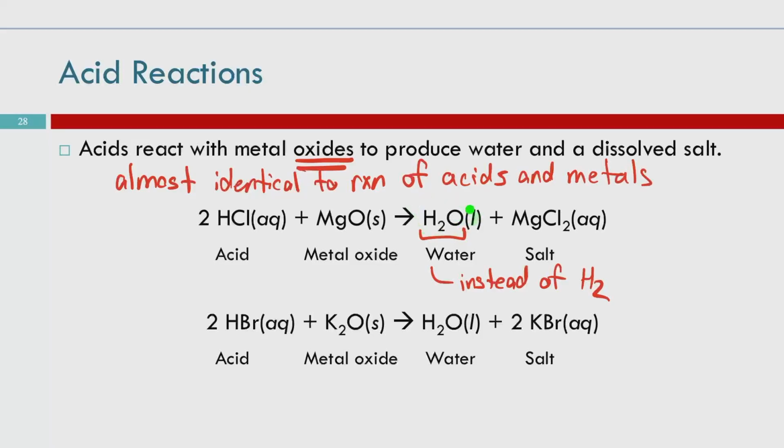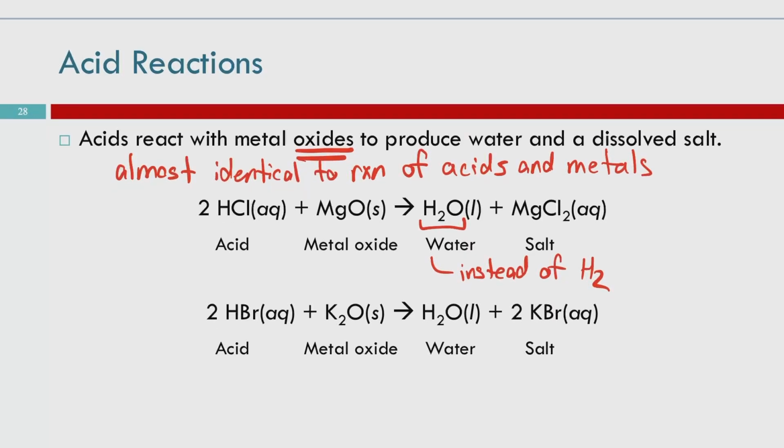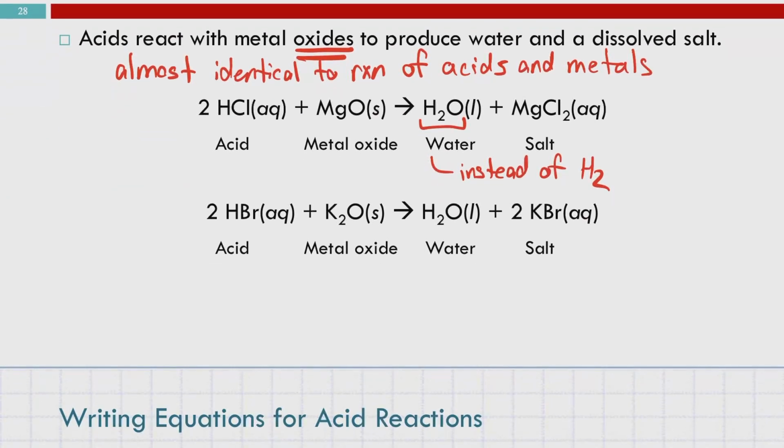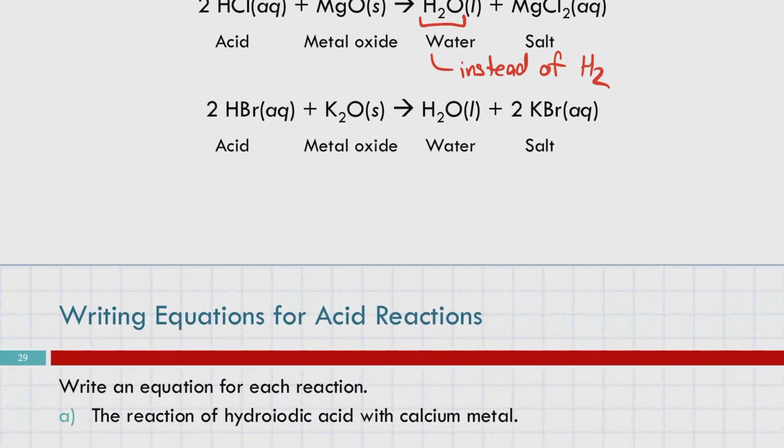So to get a better yield, we scratch off the metal oxide, the MgO, so that we're not producing water. Everything that we're putting in there is going to produce H2 gas, or at least that's the idea.